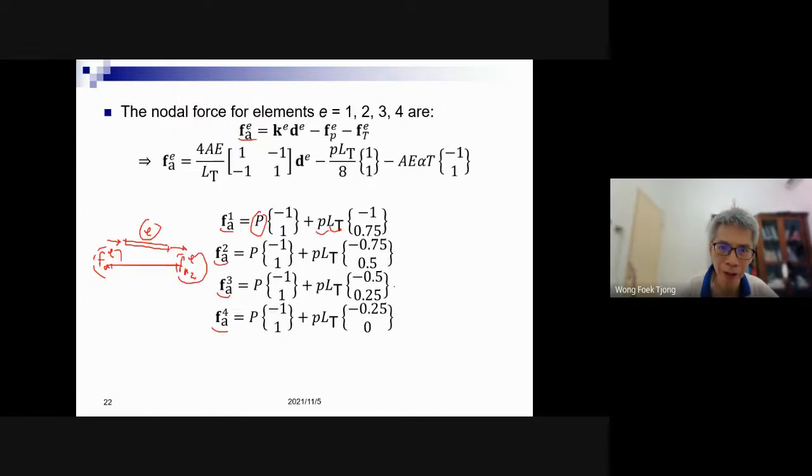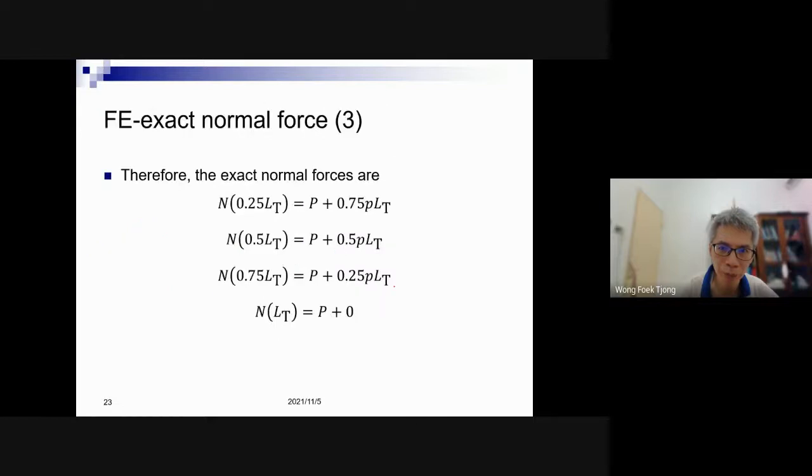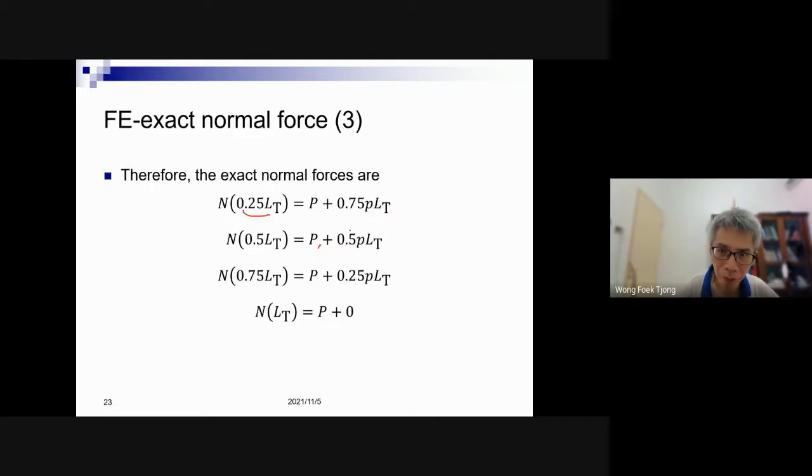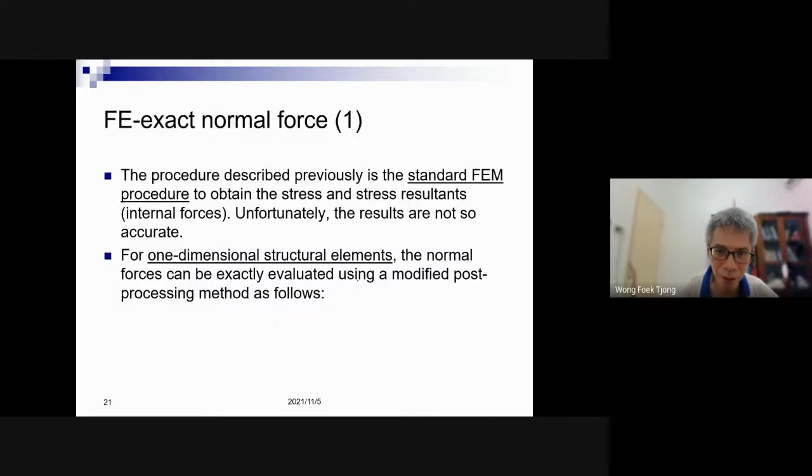So we can see that the exact normal force for the position of this one at the quarter is just, take a look at the first element, this one, right? PRT 0.75. Yes, this one, for the first element. At the position of this one, and this is exact, because we see the exact solution here.